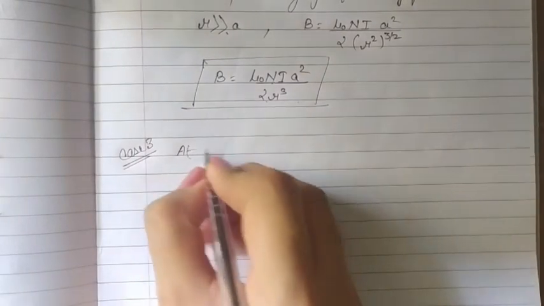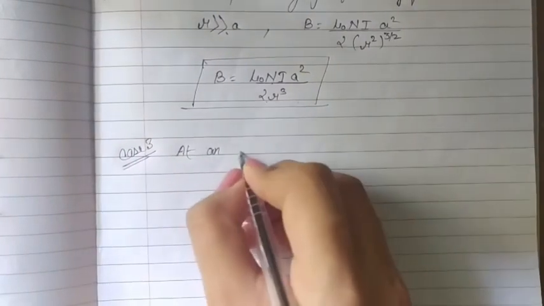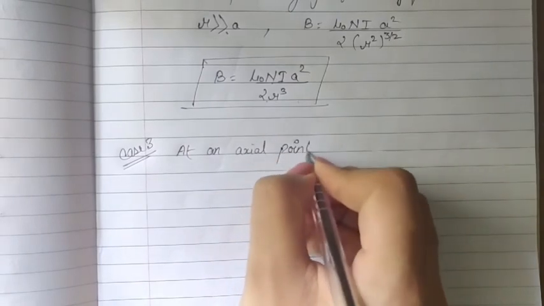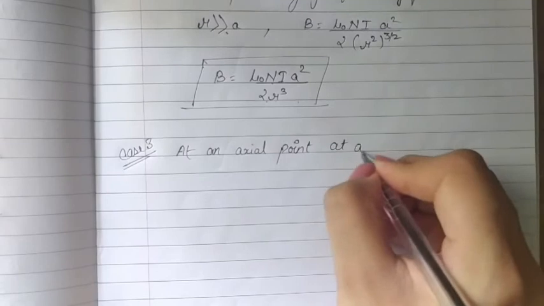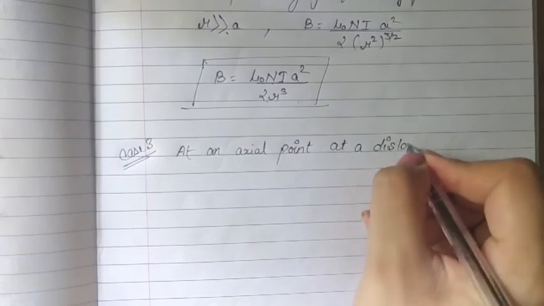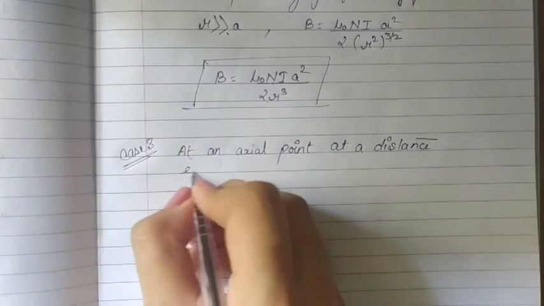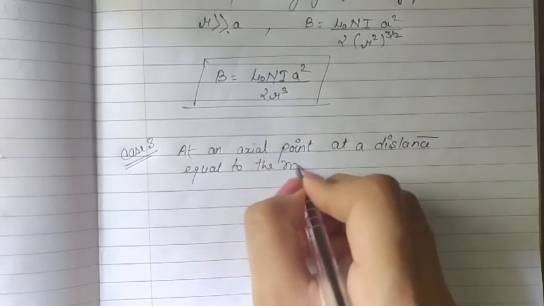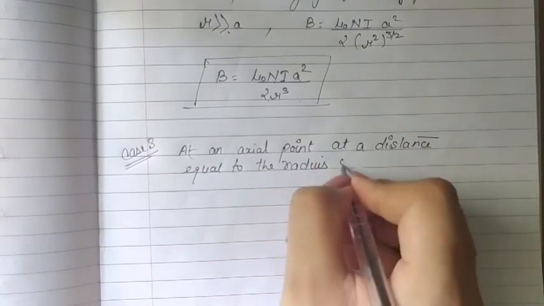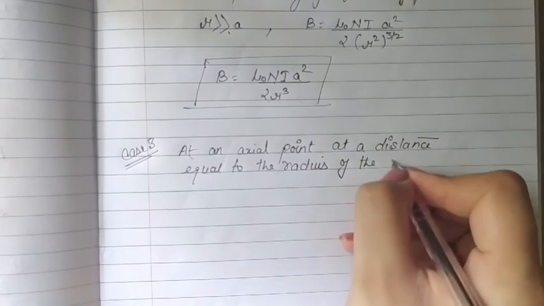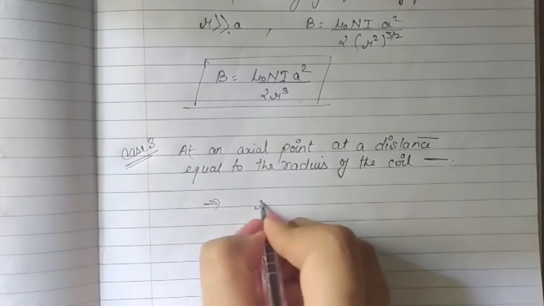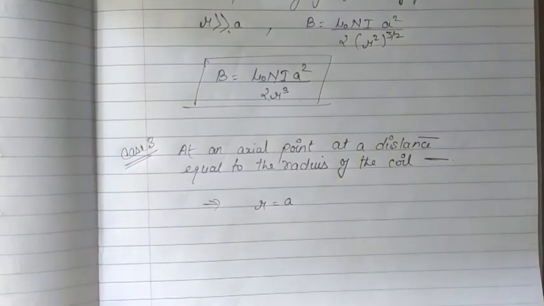Means third case is at an axial point at a distance equal to the radius of the coil. That means distance r is equal to distance a.